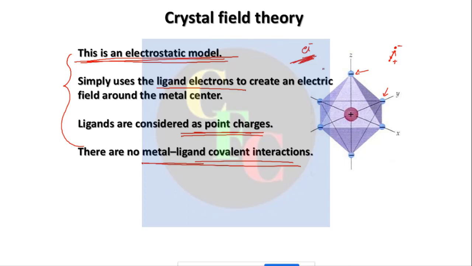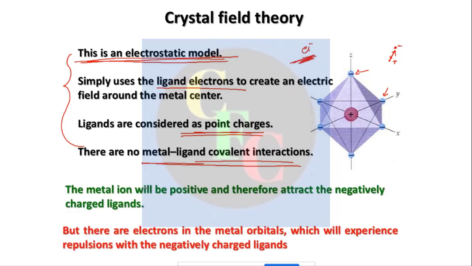Similarly, the metal ion also has some volume, and we'll later see that there are actually some metal-ligand overlaps. That's why crystal field theory was modified to ligand field theory and subsequently to molecular orbital theory, which gives better results, right? But as a starting point, crystal field theory was a very good improvement over the valence bond theory.